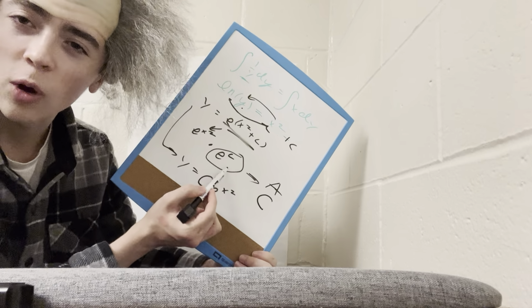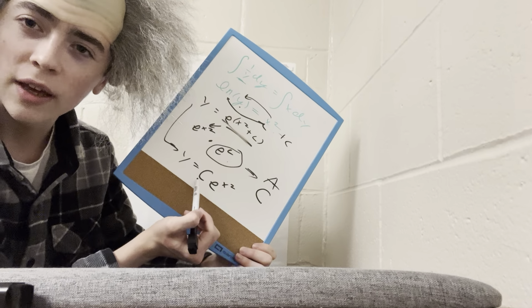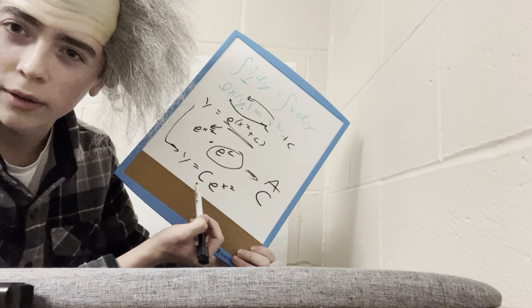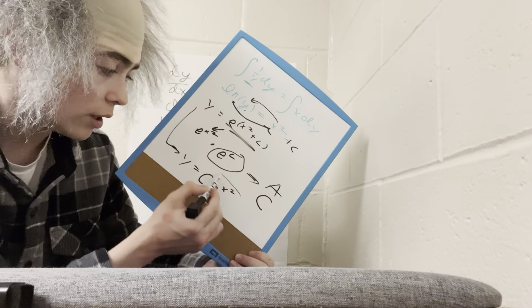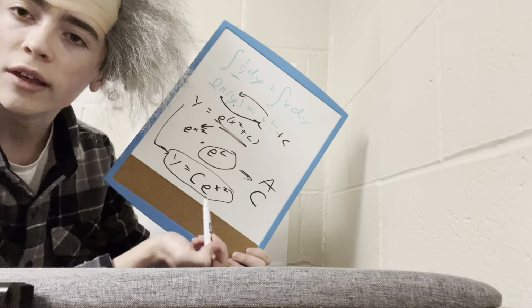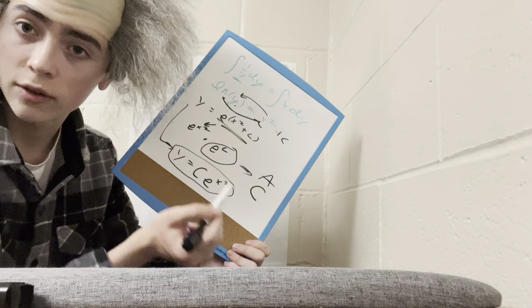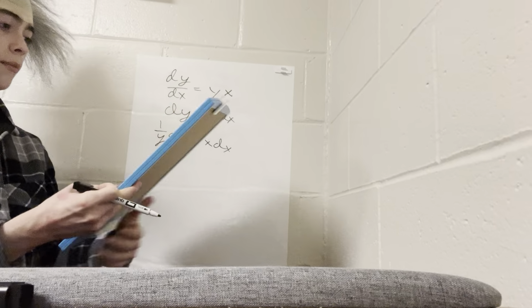Because really c is some arbitrary number, and so uppercase C, e to an arbitrary number, is also just an arbitrary number, right? So this is our real final answer. y is equal to C, an arbitrary number, times e to the x squared, right?